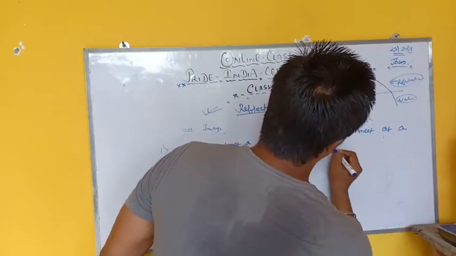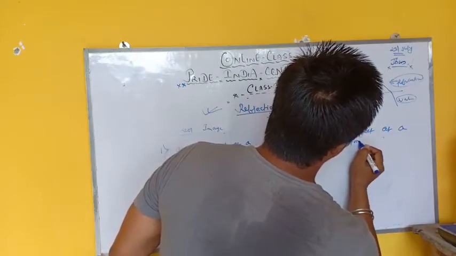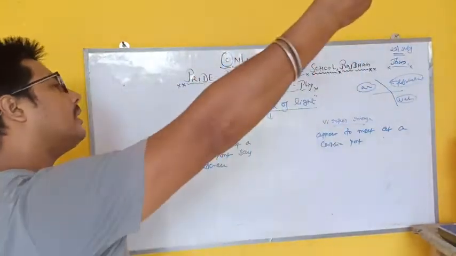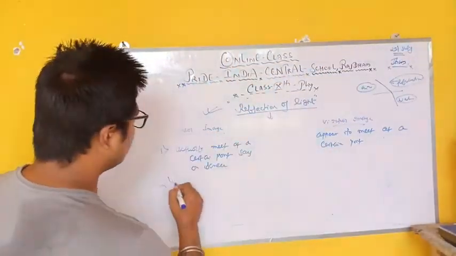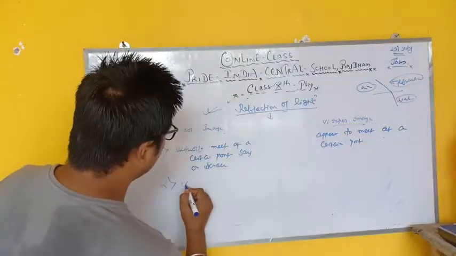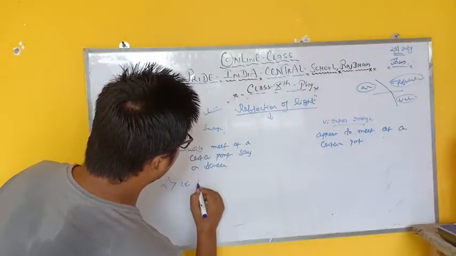So this is known as the real image. For example, a real image can be the image obtained on a cinema screen.